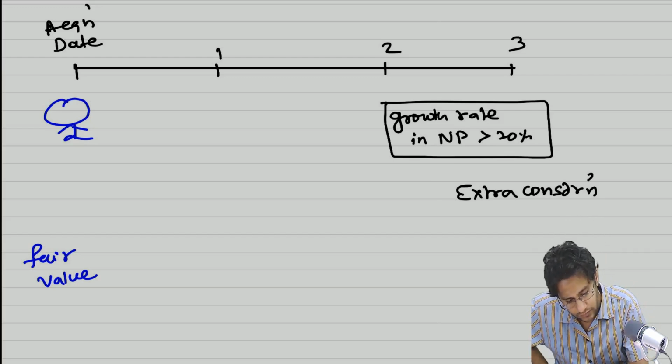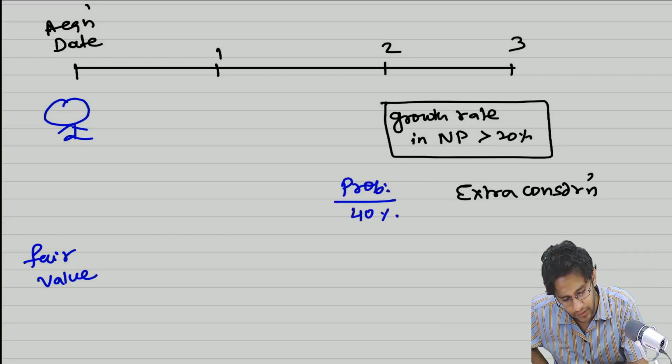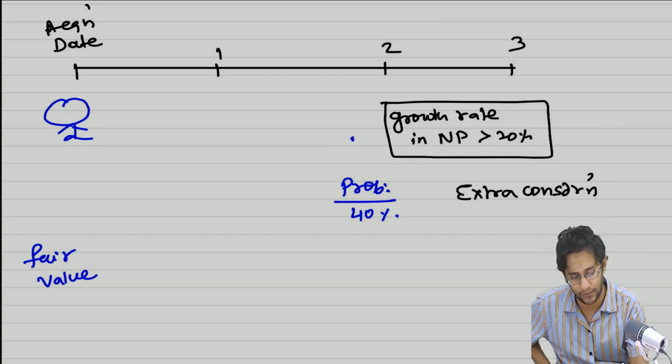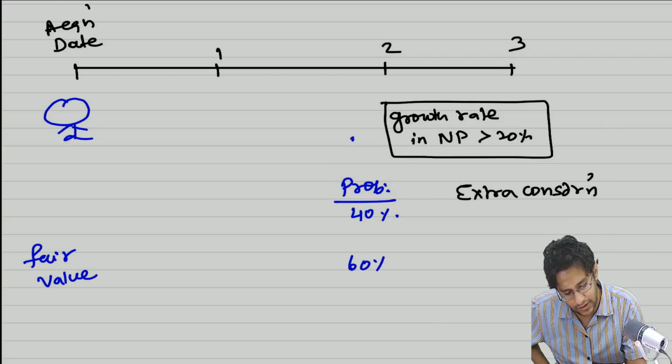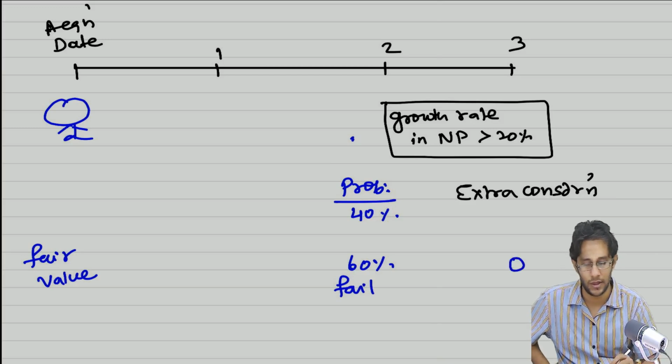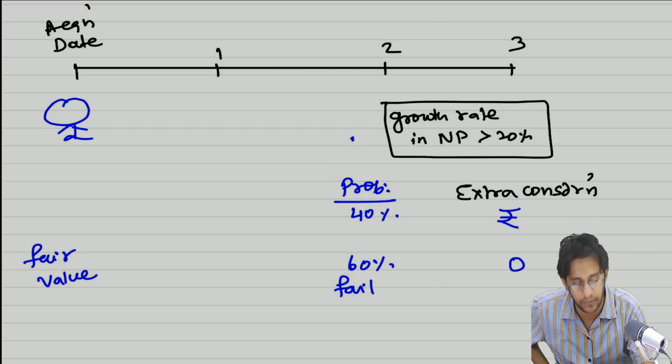Let us say the probability for this is 40%. So there is a 40% chance that the condition will be satisfied, and a 60% chance that the condition will fail. If the 60% happens, I need not pay anything. If the 40% happens, then I have to pay something.